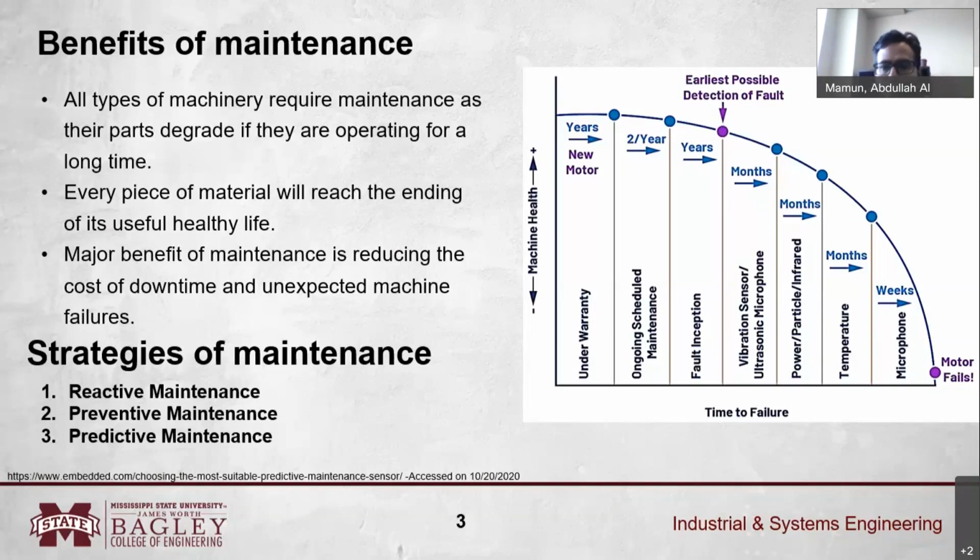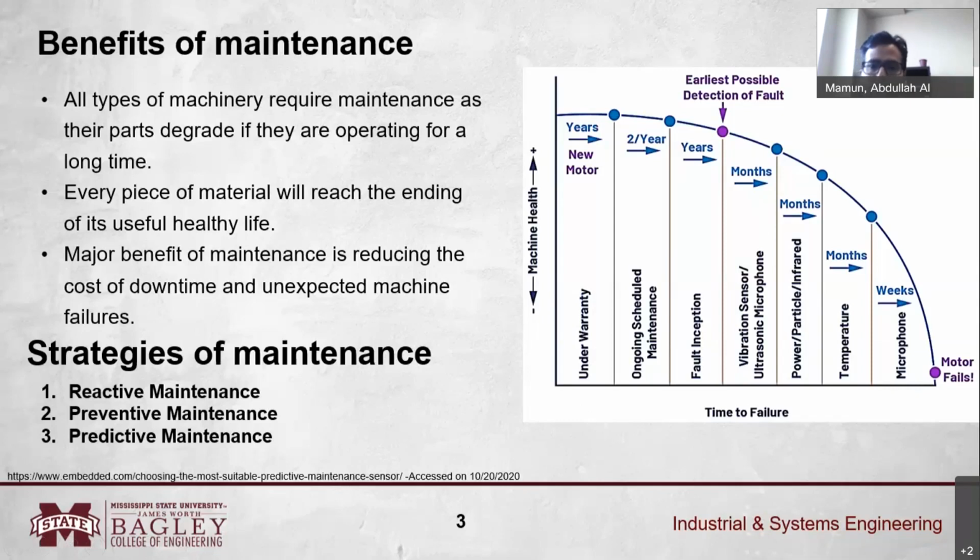In the figure, you can see the machine health. It's a gradually decreasing curve. When we start a machine, for example, when a new motor is installed in a machine, it is covered under warranty. So if there is any kind of fault or problem, it will be covered by the manufacturer, the company that provided the motor. Over a gradual chronological time, we can see what happens.